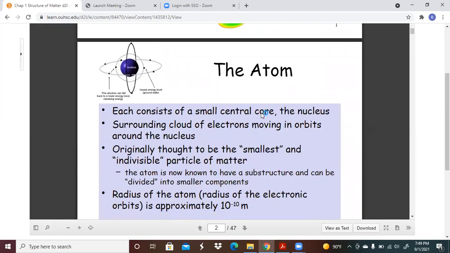All right. So we have our atom here. We have what looks like a planetary model. We have the nucleus here. And then you have ground state electrons here. Those are the closest to the nucleus. You've got other states that surround that and can orbit. And this is a simplified model of what we see in the atom.